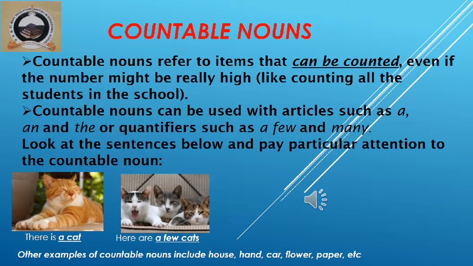For example, there is a cat. Here are a few cats. Other examples of countable nouns include house, hand, car, flower, paper, and so on and so forth.